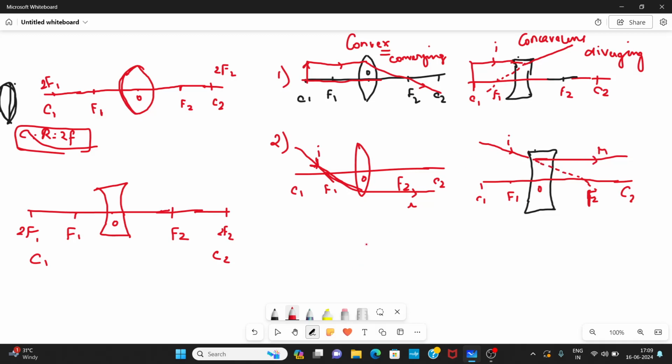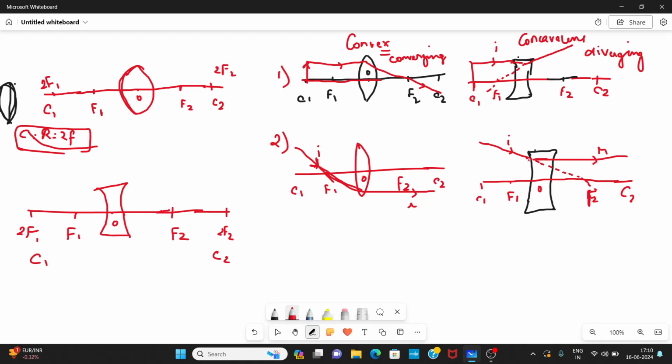Alright. So here it does not actually pass through the focus, but it appears to pass through the focus. So if you observe the incident light and you virtually try to trace the path outwards, you could actually map it to F2, and the same light gets refracted parallel to the principal axis.